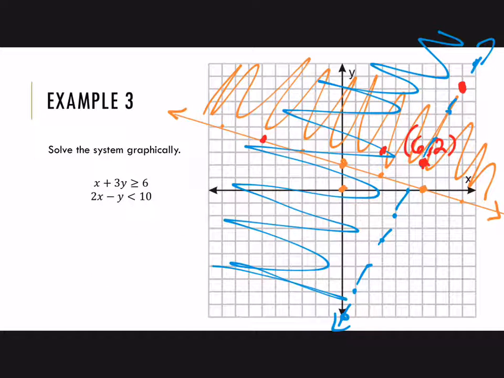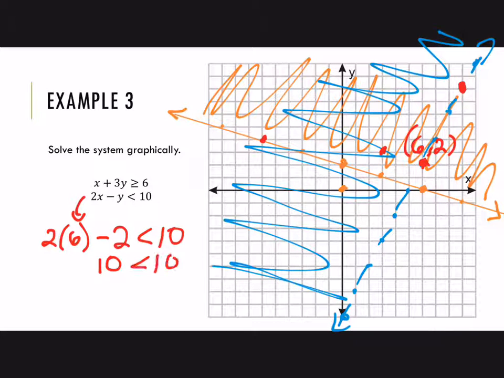So let's plug it in and try it, 6, 2. That inequality was the second one. So we'll substitute in a 6 and a 2, and we get 12 minus 2, which is 10. So notice it's close, and if we had less than or equal to, that would work. But we don't. 10 is not less than 10, so that's not a solution.